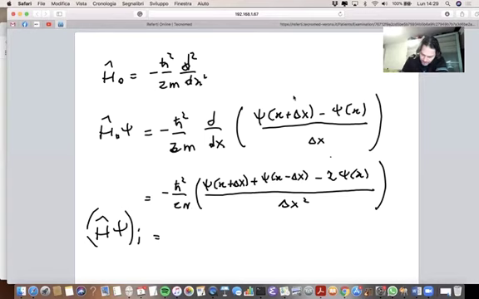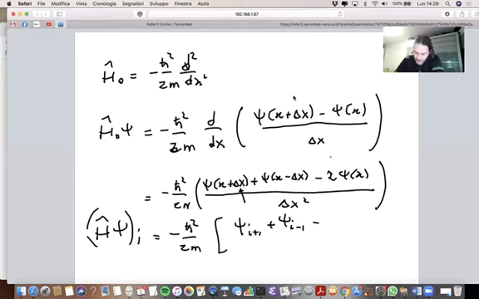It will be psi I plus 1, because I'm looking at the next index, moving to the right, plus psi I minus 1, minus 2 psi I, and I put the delta x squared here.